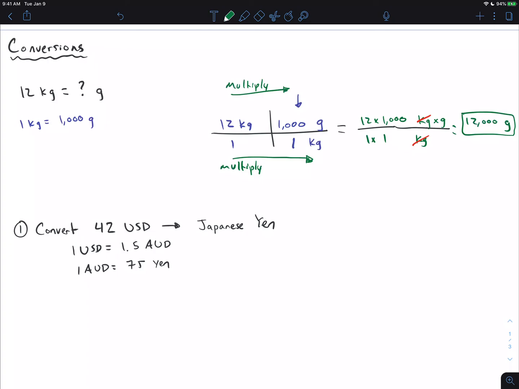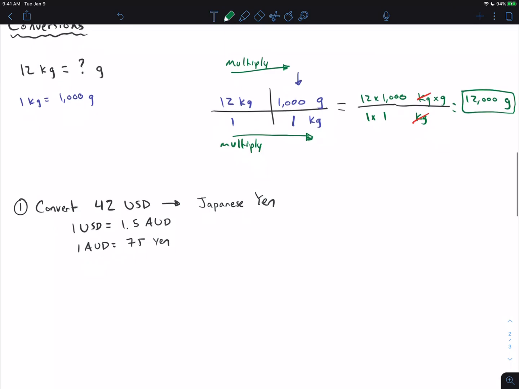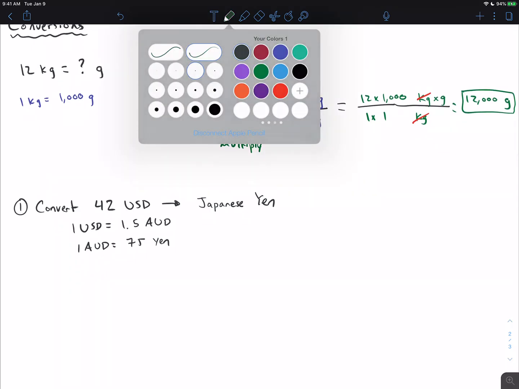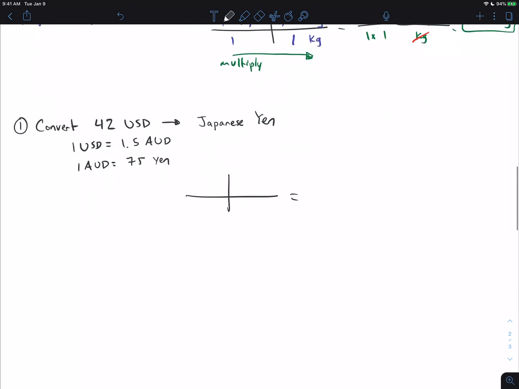When we do two conversions, this is the example I want to work out together with you, and you guys have this on your homework. So let's go ahead and try this out. I'm going to do this in 2 steps. I'm going to keep one conversion here, and a second conversion is going to go here.